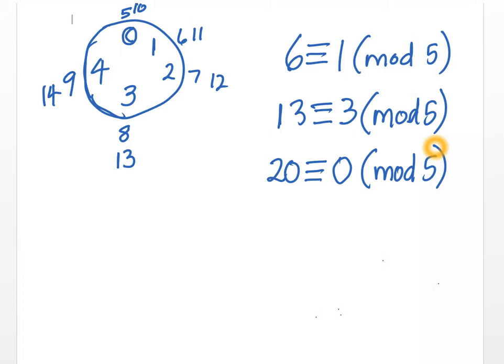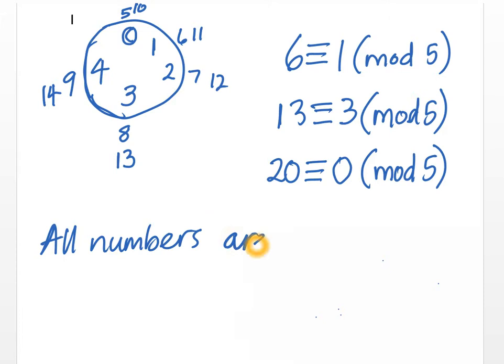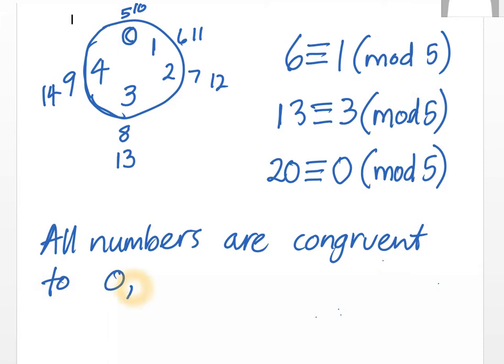So we would say that all the numbers, and we're talking whole numbers when we're working with moduli and number theory, are congruent to 0, 1, 2, 3, or 4 if you're working modulo 5.